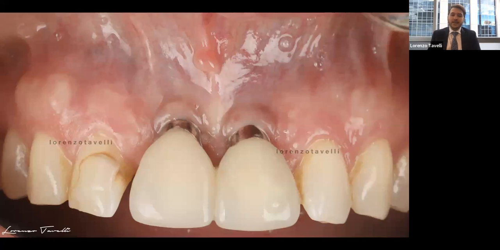But it's more likely that these are cases where they send you patients because they have an aesthetic complication. So the soft tissue was too thin. Usually implants are also malpositioned, misplaced. You can see these two implants are too buccal.